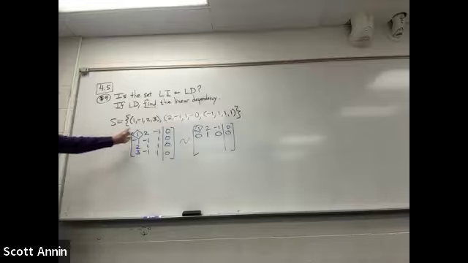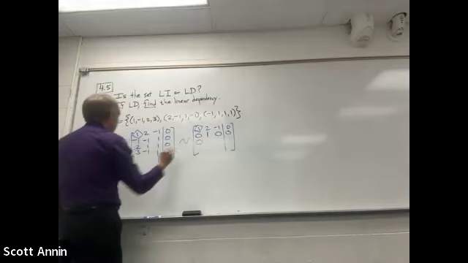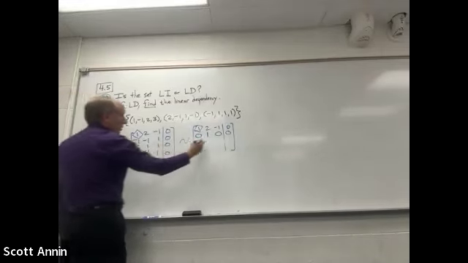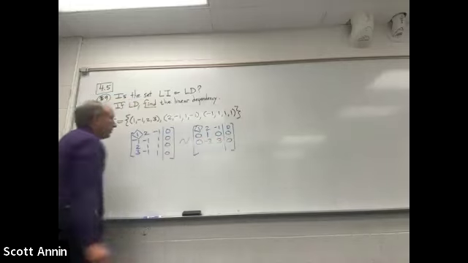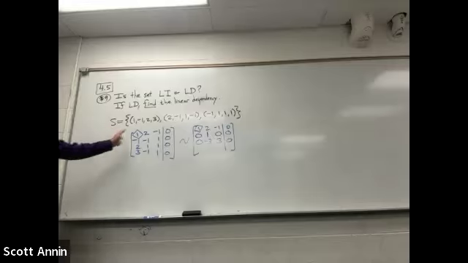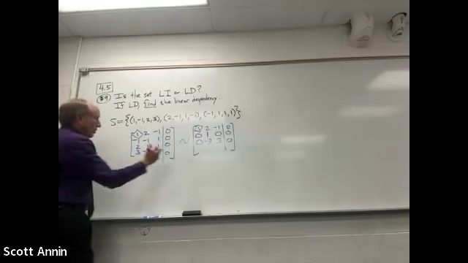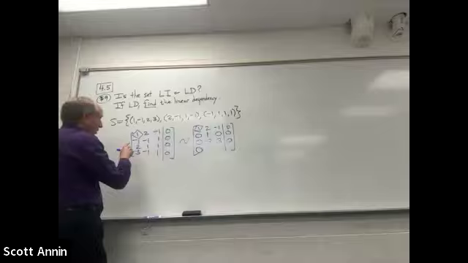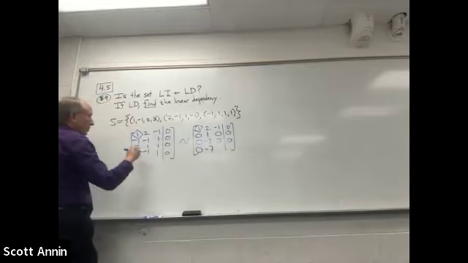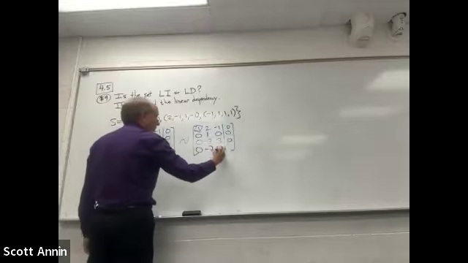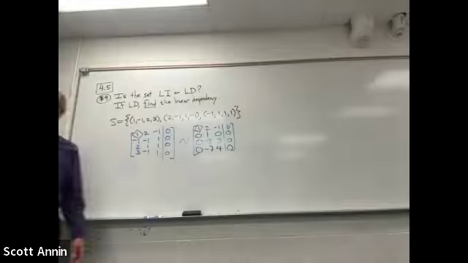And if I add -2 times the first row to the third row, I'll get 0 and -3 and 3 and 0. And if I add -3 times the first row to the third row, I'll get 0, -7, 4, and 0, I think.